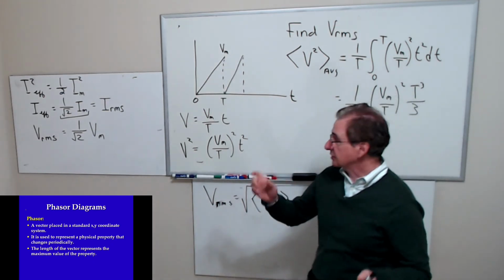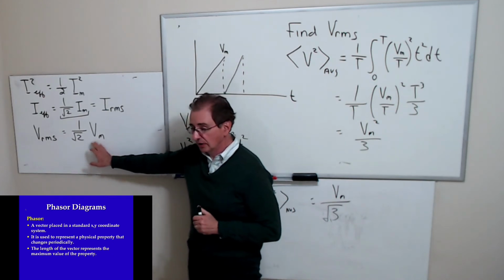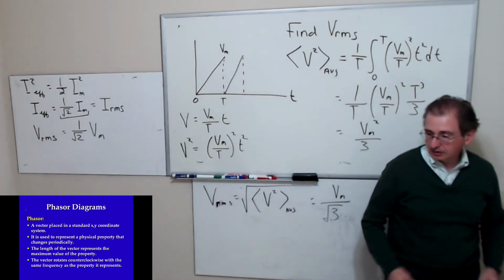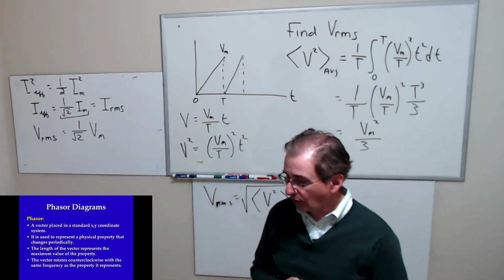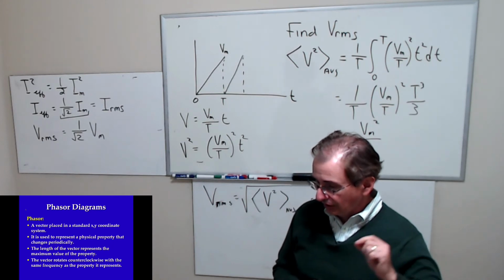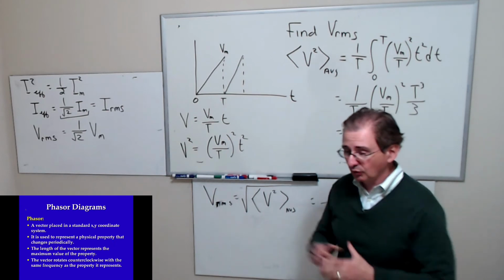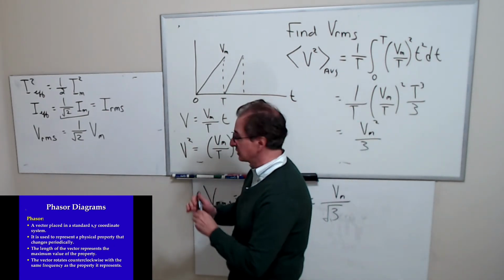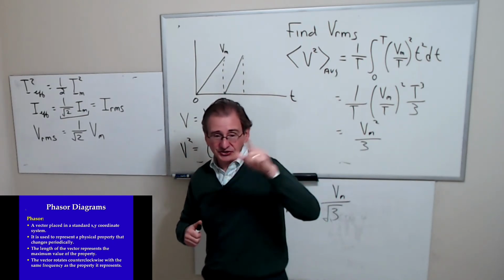The length of this vector represents the maximum value of the property. This vector rotates counterclockwise at the same frequency as the property it represents. But we're only going to look at it at an instant in time. So for AC circuits, this is rotating 60 times a second.